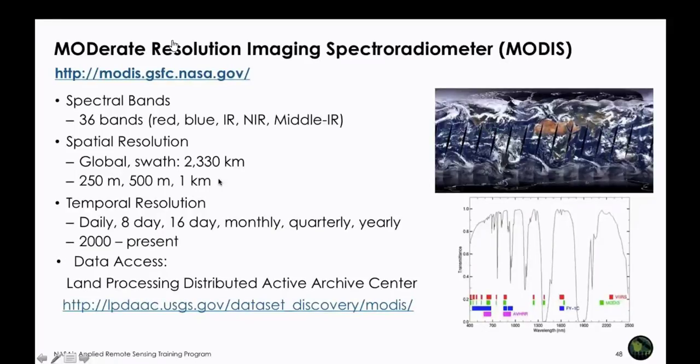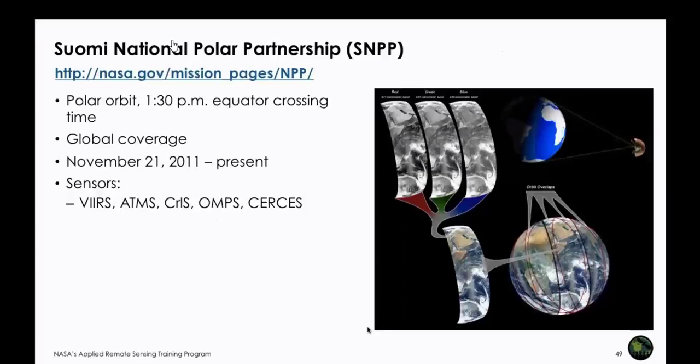And the images that we're going to look at will be high-resolution images for monitoring storm. They also have daily data available, also composite at different time scale, but we can look at daily data to see an approaching storm. These data can be found from LP DAAC, or Land Processes Distributed Active Archive Center. You can download raw data from here. We will look at this data later on using a web tool.